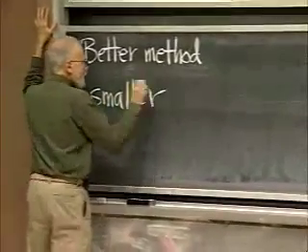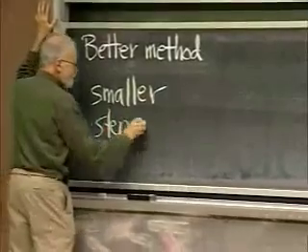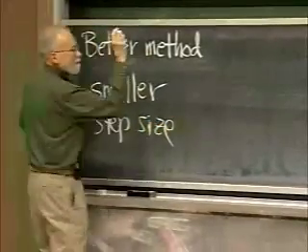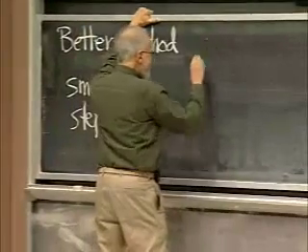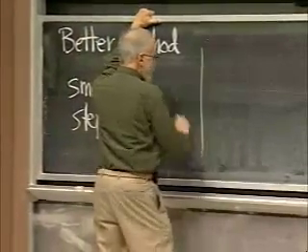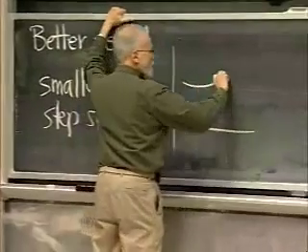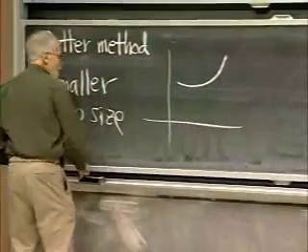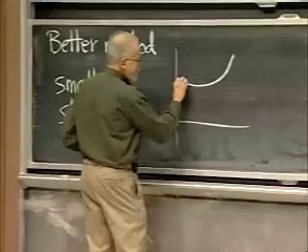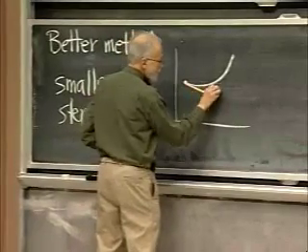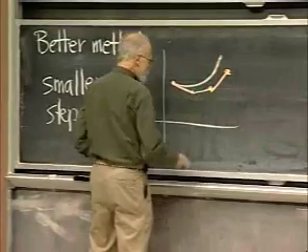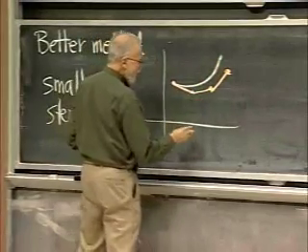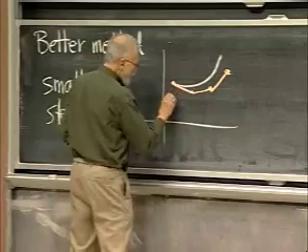So, use a smaller step size. And the picture roughly which is going to justify that will look like this. If the solution curve looks like this, then with a big step size, I'm liable to have something that looks like that. But if I take a smaller step size, suppose I halve the step size, how is it going to look then?